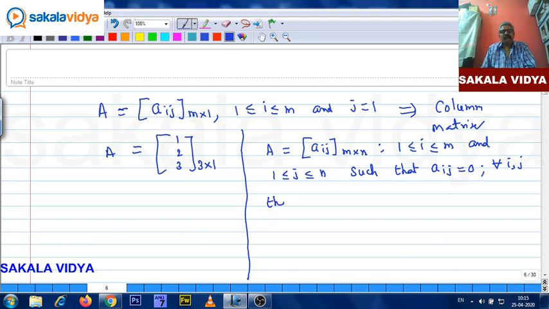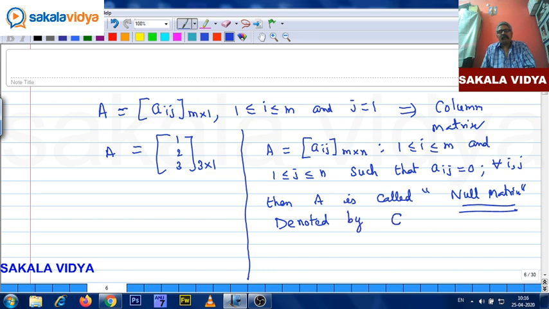Then A is called a null matrix. That means each and every element of the matrix is 0. Remember throughout the chapter, it is denoted by O. O stands for null matrix.